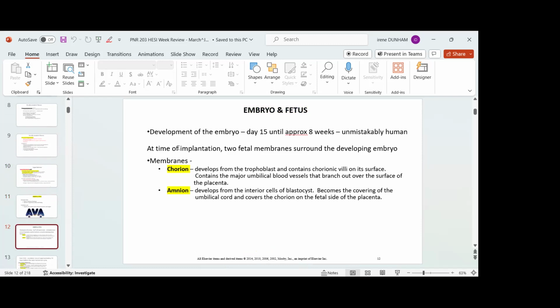Now, at the time of implantation, so remember where implantation occurred. First, we'll start with fertilization. Remember where fertilization occurs? Fertilization occurs, remember, in the fallopian tubes. Yes, okay, good. And the ampulla, A-M-P-U-L-L-A, of the fallopian tube.